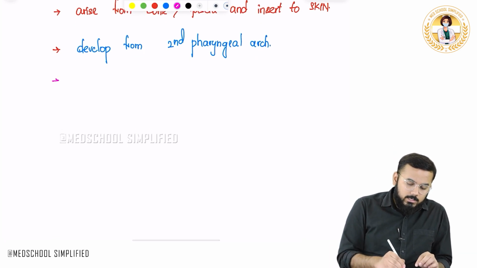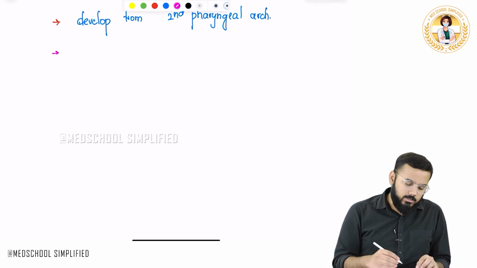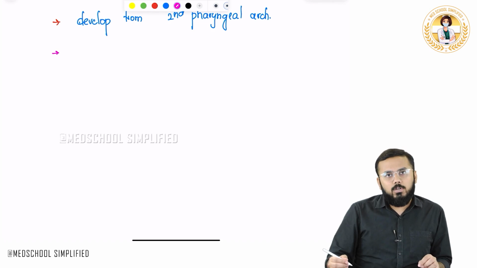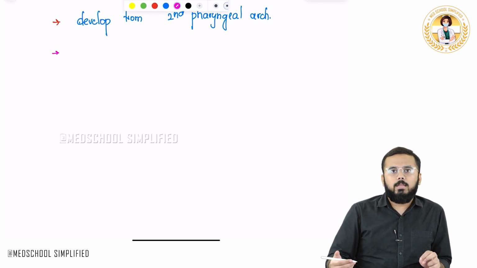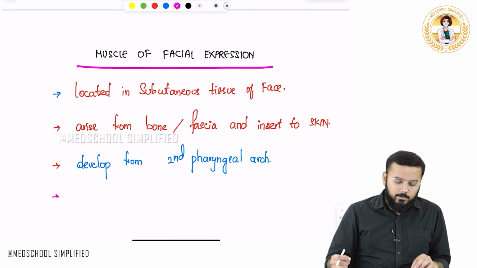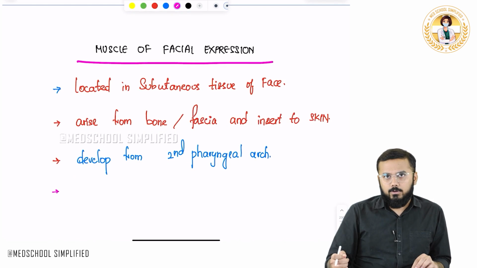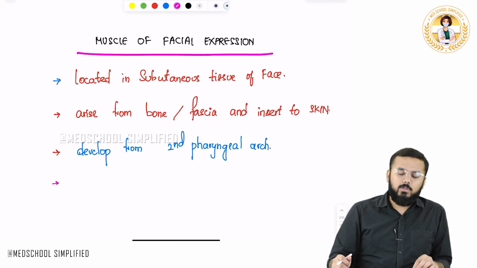Now all these muscles are innervated by the facial nerve branches. There are different branches of the facial nerve, like the zygomatic branch, frontal branch, buccal branch, and mandibular branch. All these branches innervate the muscles of facial expression.